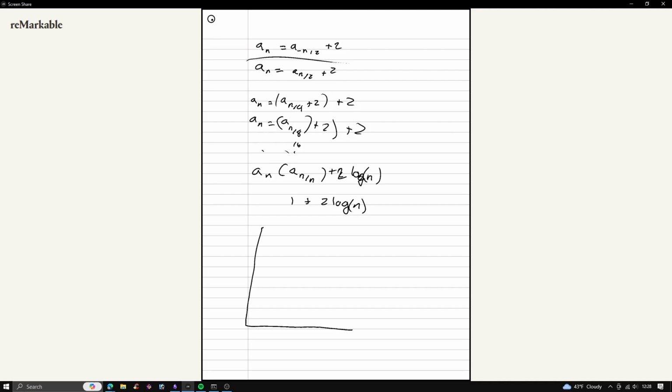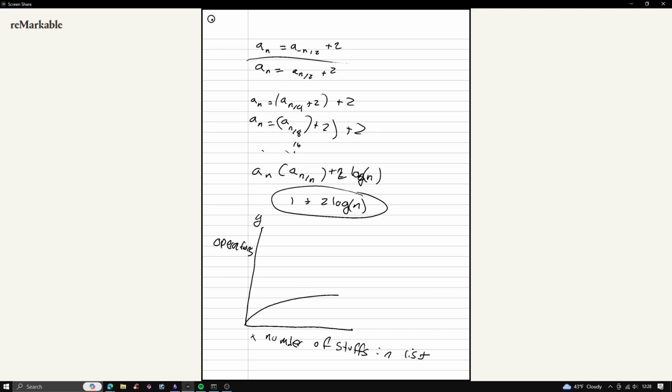Consider this graph, right? On the y-axis we have items or operations, because that's what this is. This is operations. And on the x-axis we have the number of stuff in the list.